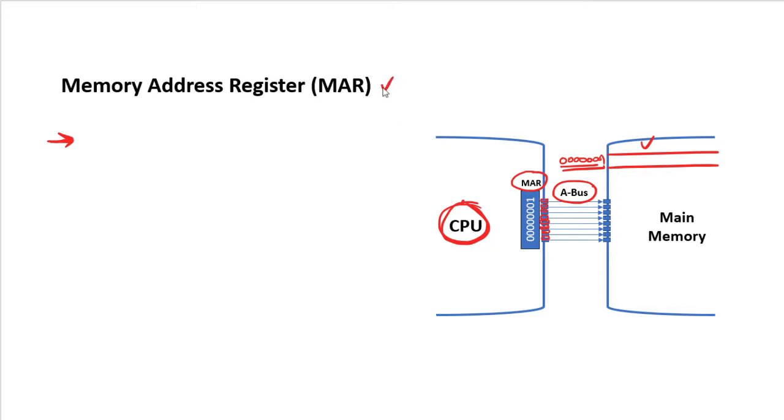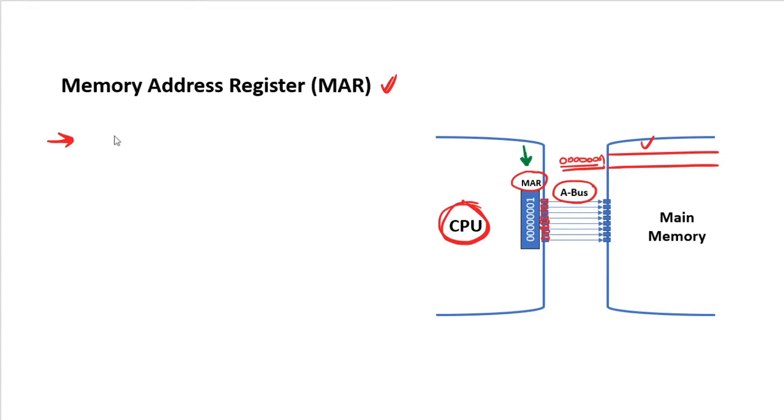We generally say MAR. The memory address register is the one that sends any address via this address bus.